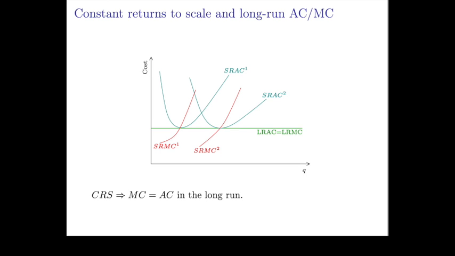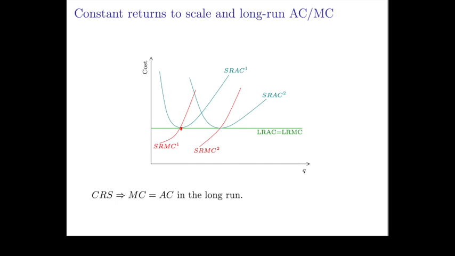For the case of constant returns to scale technology, this phenomenon is going to be a little peculiar. Remember, for constant returns to scale, if you multiply the inputs by some number, you're going to be multiplying the output by the same number. So let's think about this point here where the average cost is minimized.